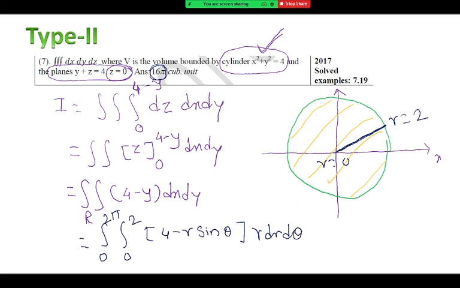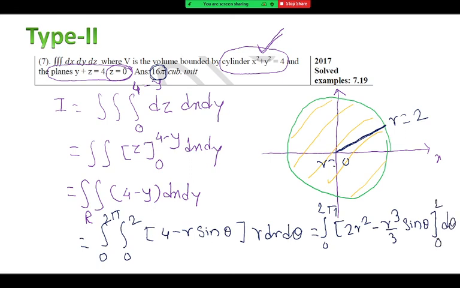First I will integrate with respect to r, with theta from 0 to 2 pi as it is. The integral of 4r is 2r square, and the integral of r square is r cube by 3, with sine theta as it is, d theta, and the limit of r is 0 to 2.